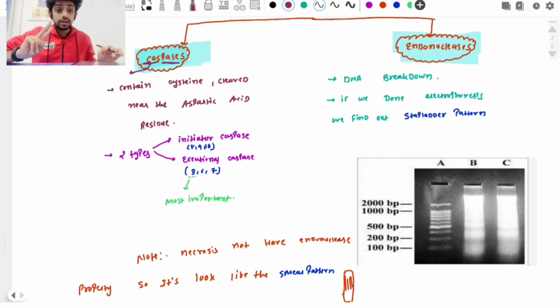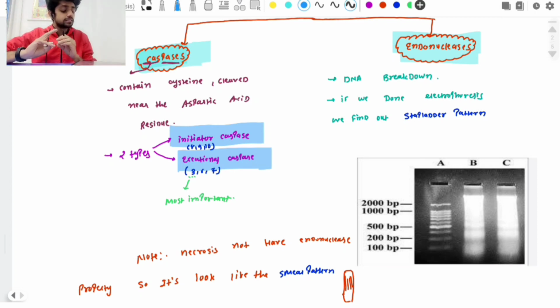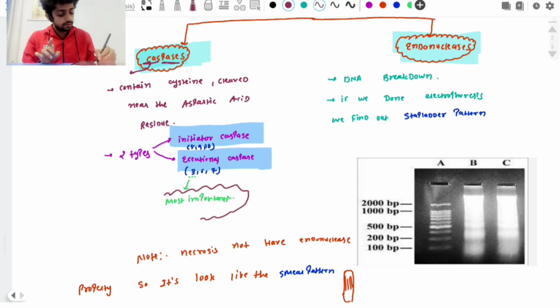There are 2 types of caspases, initiator caspases and executional caspases. Initiator caspases are 8, 9, 10, and executional caspases are 3, 6 and 7. The most important are 3, 6 and 7, because activation of the executional caspases leads to apoptosis.